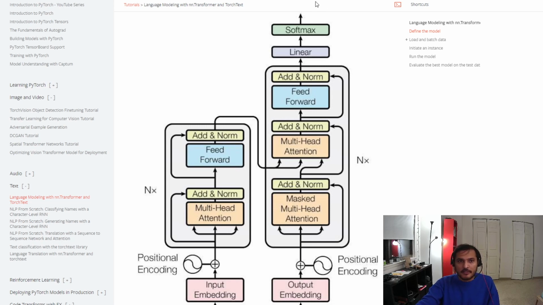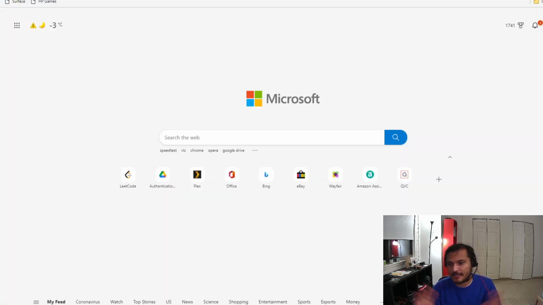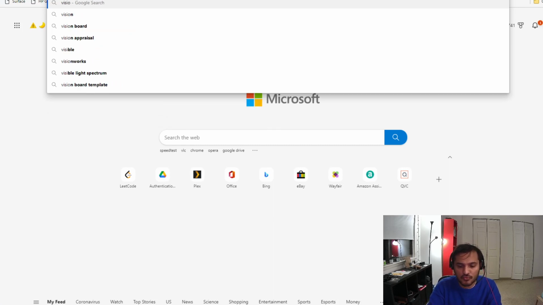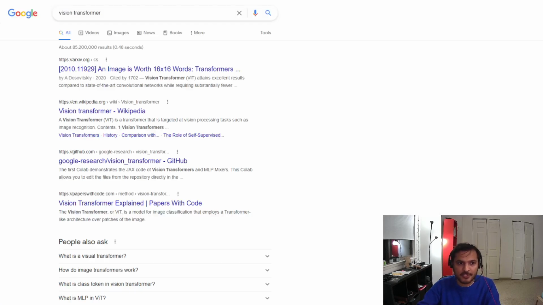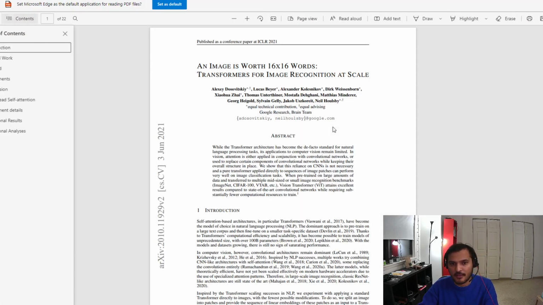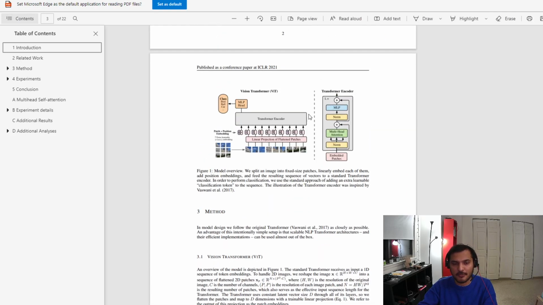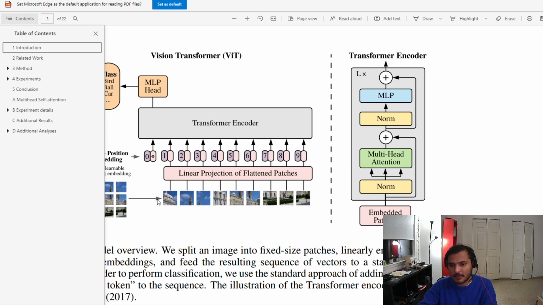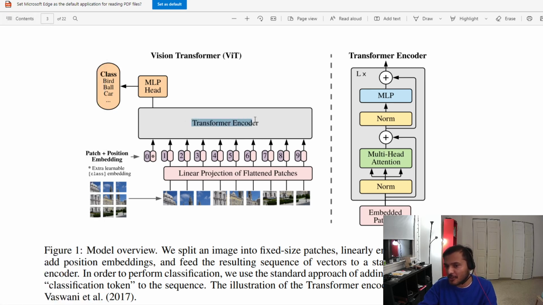Now, just to give you a slight idea, let me open up the Vision Transformer paper, which is basically a transformer that works on images, and it just has the encoder block. So you can see basically what it does, it breaks up images into patches. So instead of words, now you're feeding some representation of patches, and that's it. And then encoder blocks.